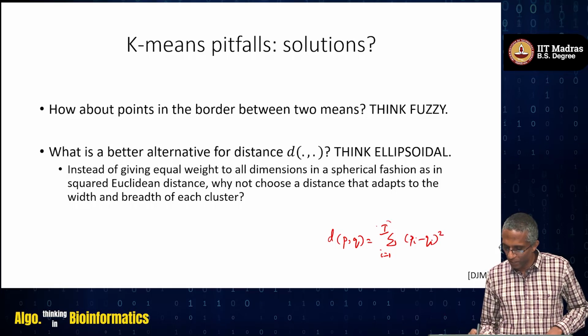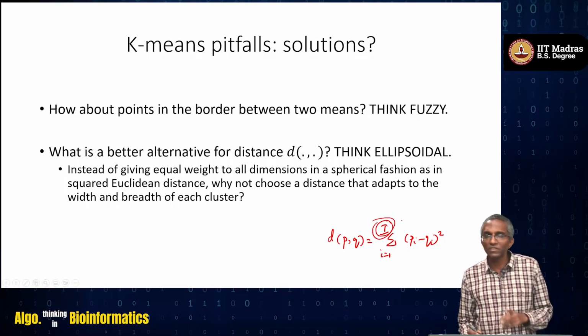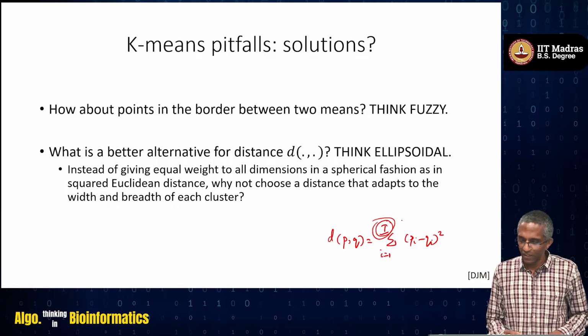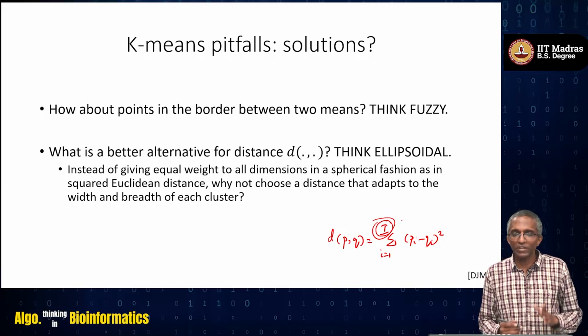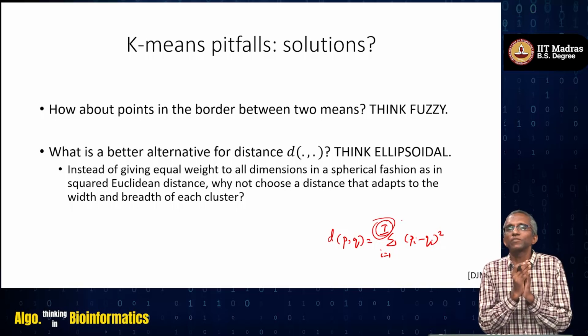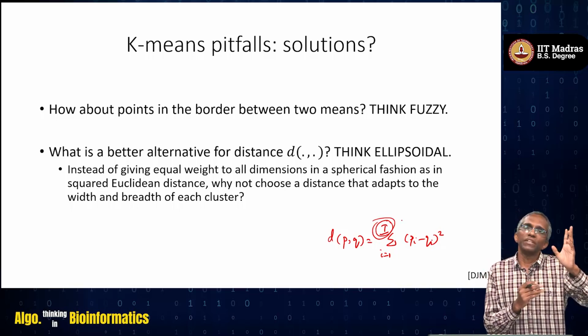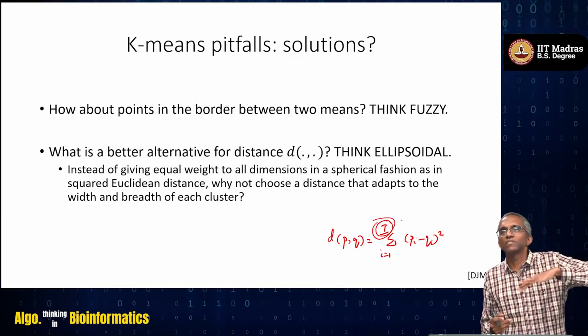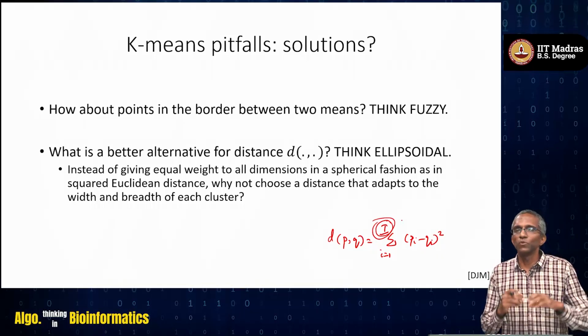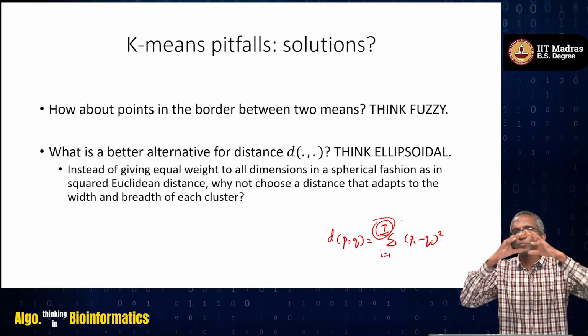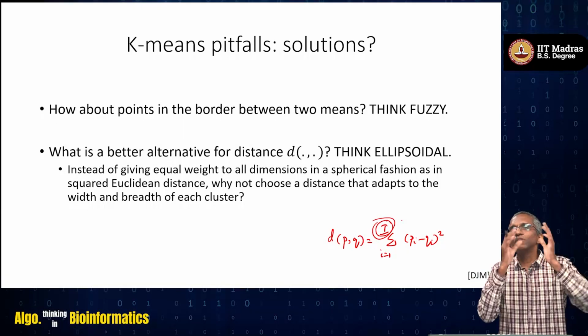So, every one of the dimensions, if you have 2 genes, each of those 2 genes is being treated equally, right. But if you have vertically separated clusters, maybe one dimension I have to treat with a different weight and the other dimensions with a different weight. I do not want to think about a spherical equal weight for all dimensions.